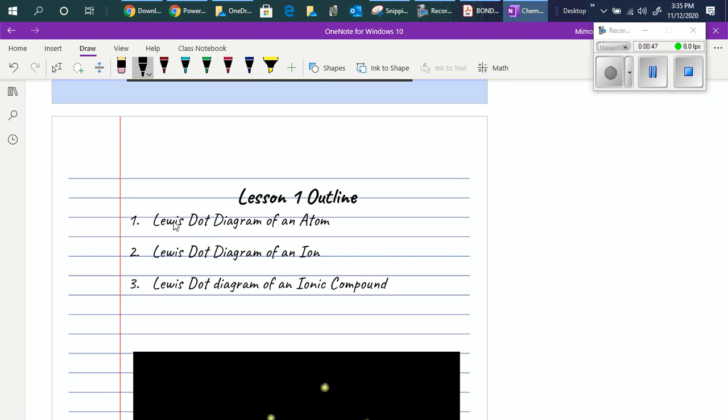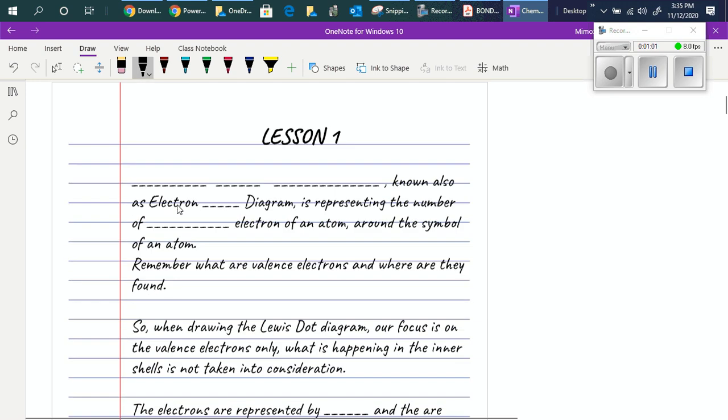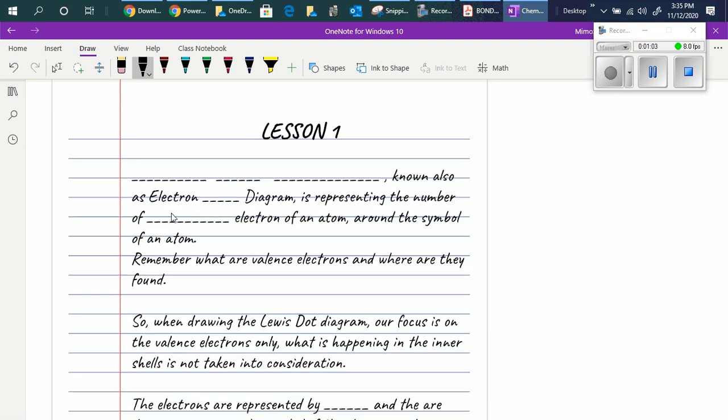So we'll start with the first lesson, which is drawing the Lewis dot diagram of an atom, drawing the Lewis dot diagram for ions, and drawing the Lewis dot diagram for ionic compound. Now, remember that the Lewis dot diagram, which very often is known as the electron dot diagram.